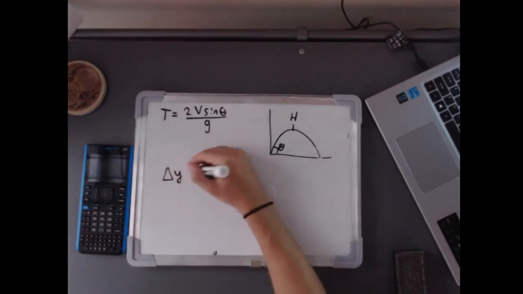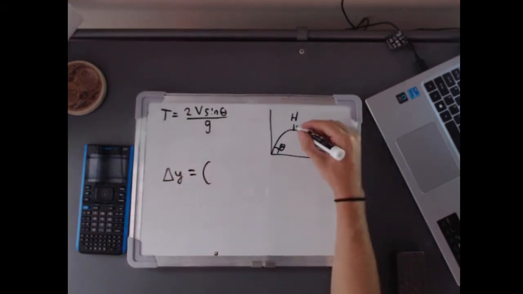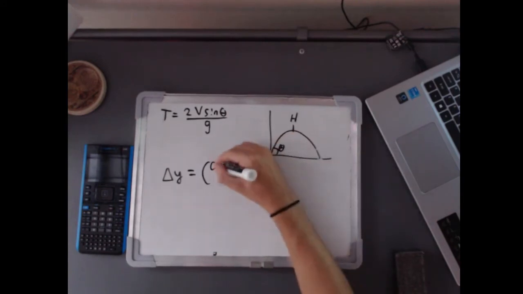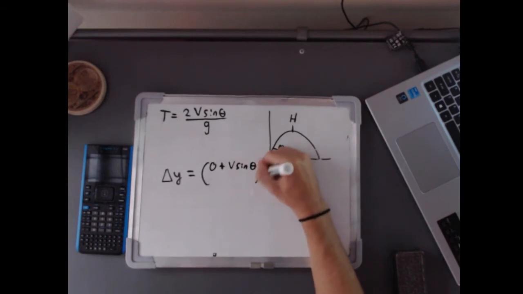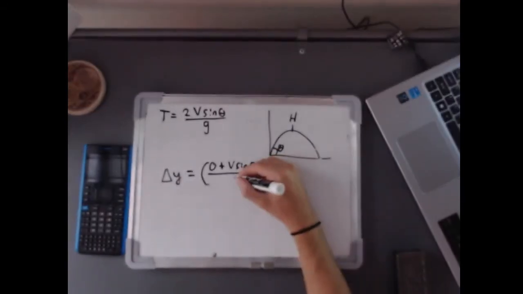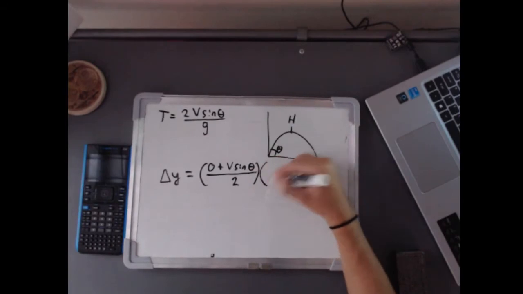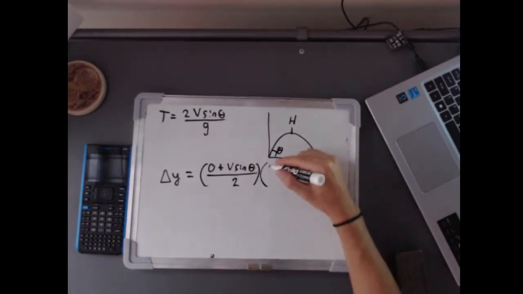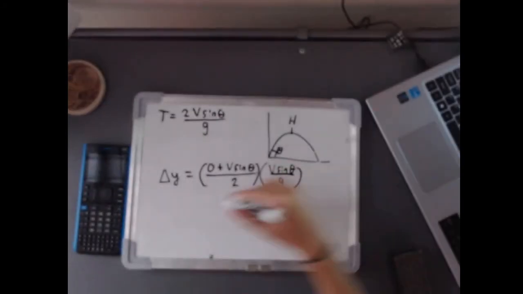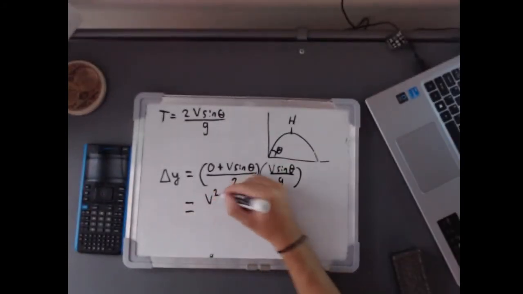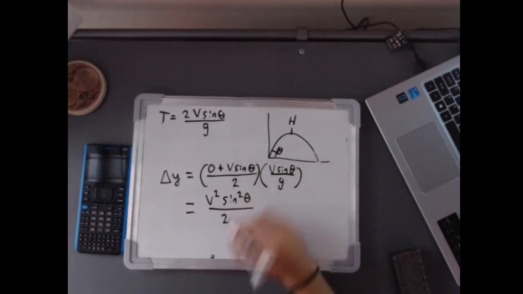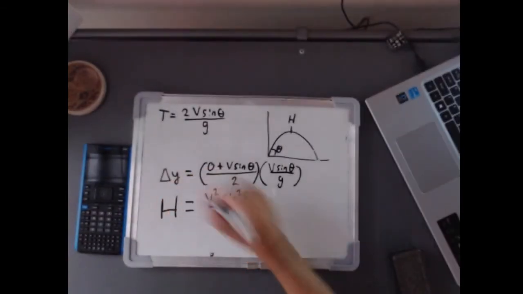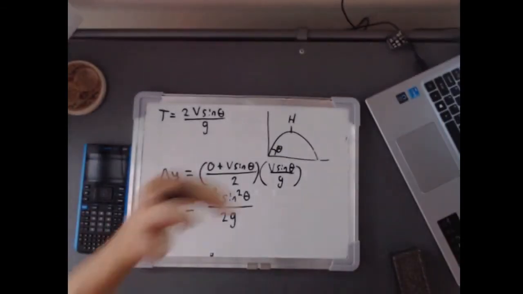So delta y, the change of y, is equal to the y velocity at the top, which is 0, plus the y velocity at the bottom, v sine theta, over 2, times half of the time, v sine theta over g. Multiply that stuff together, you get v squared sine squared theta over 2g. That is the equation for maximum height of two-dimensional motion.